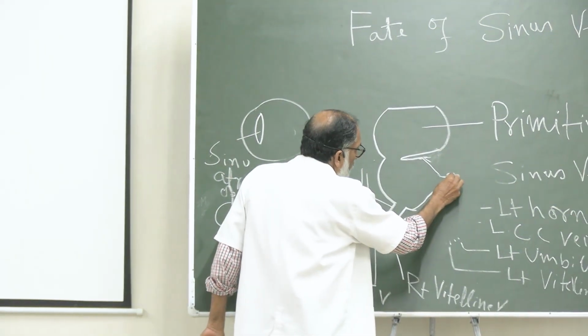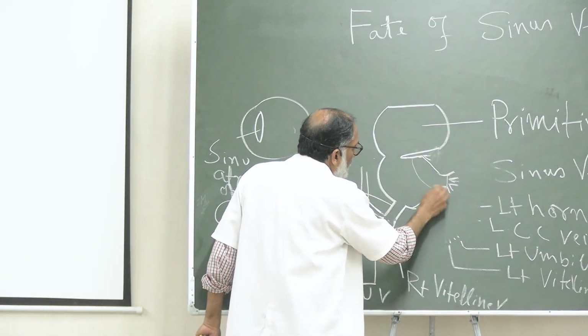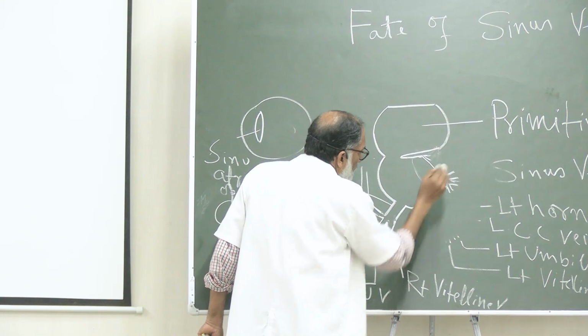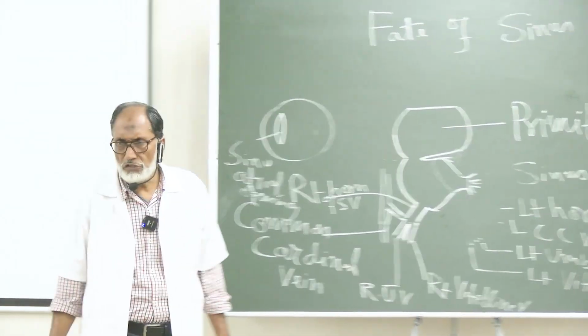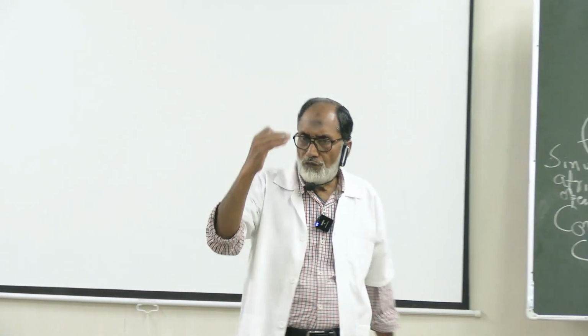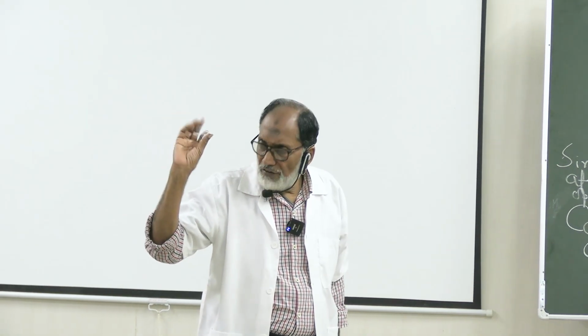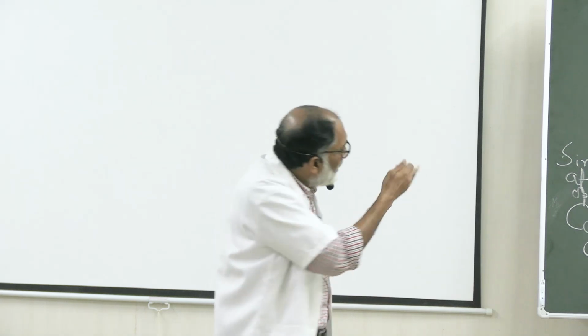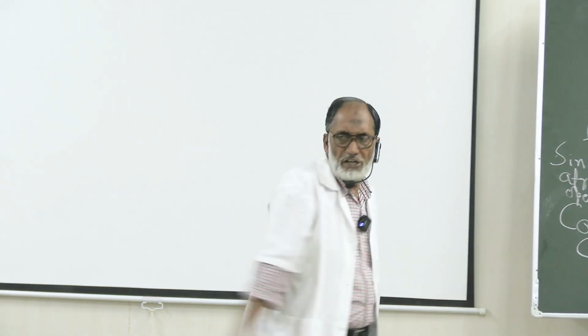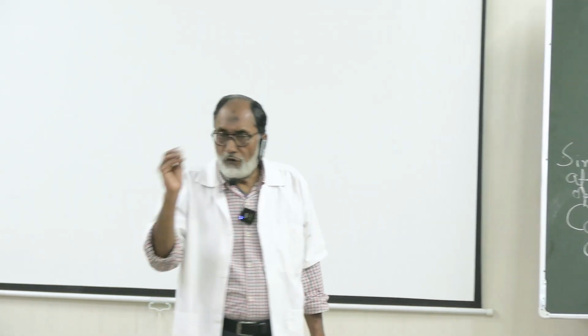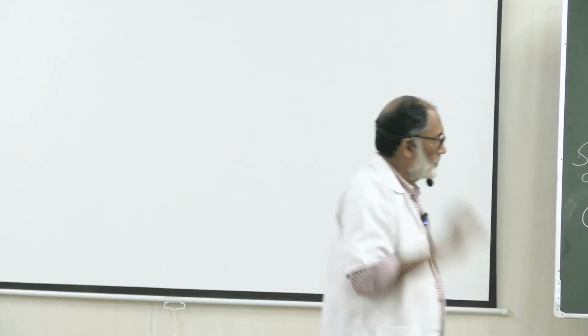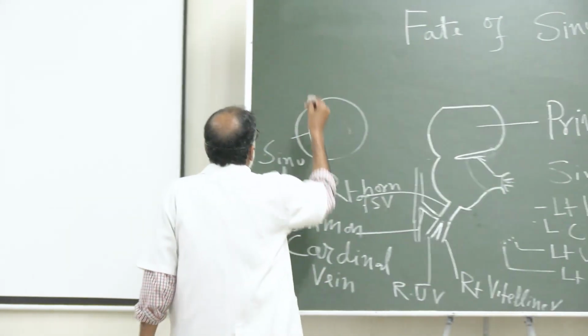This is the left horn and this is the left part. The left part and left horn of the sinus venosus will form the coronary sinus. Left horn along with the left part of the sinus venosus will form the coronary sinus.